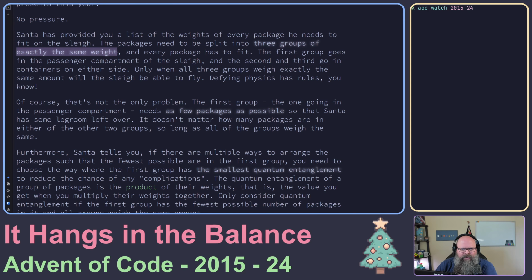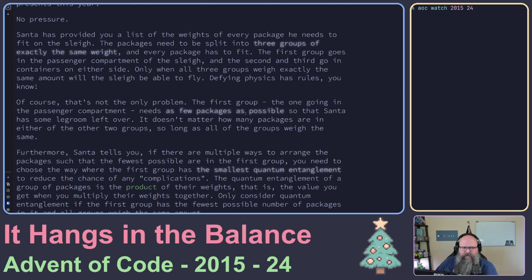Okay. So the idea is we have 3 groups. We want to make 3 groups of exactly the same weight. Of course, that's not the only problem. The first group, the one going in the passenger's compartment, needs as few packages as possible so that Santa has some leg room left over.